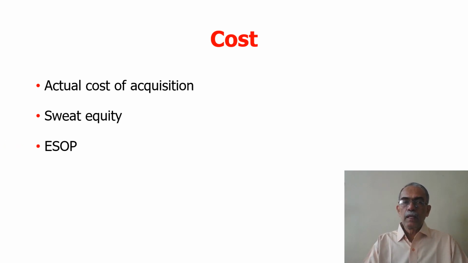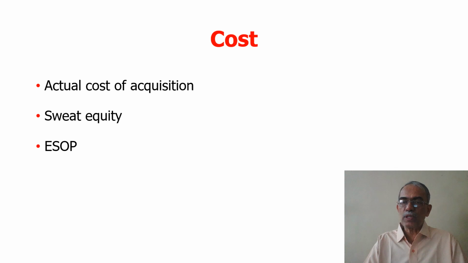Then there is the employee stock option plan. Generally, this is a plan under which equity or shares are issued to the employees by the company, primarily for the purpose of retaining the employees for a certain period. For example, if employees stay with the company for 3 years, 5 years, then they may be issued some shares. Generally in such cases shares are issued at a discounted price.